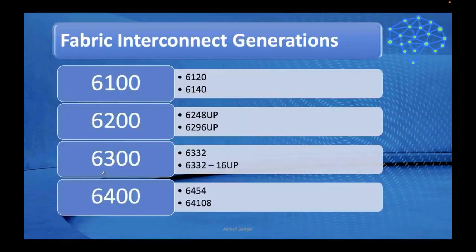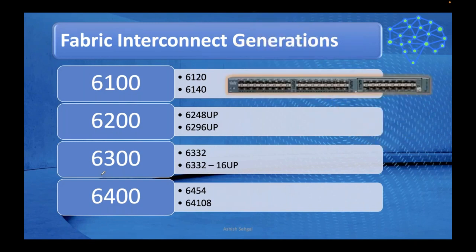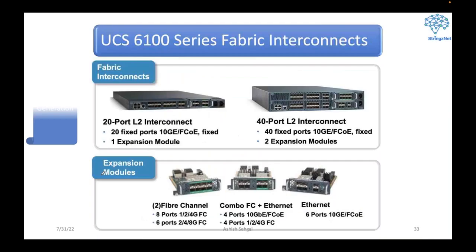What is fabric interconnect? As I said, first, second, third, and fourth generation of a device which looks like a switch, but it is not called a switch, because by default the switching capability of this device is disabled. So this device is meant for a separate purpose. We will be looking into this device from that purpose.